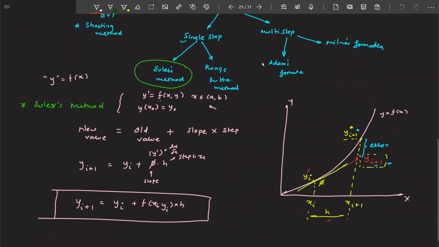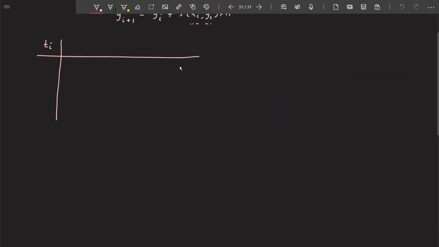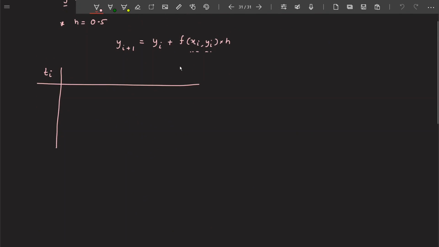Understand one thing: xi plus 1 is nothing but xi plus h. But in place of x we have t here, so t is our independent variable. Then yi.